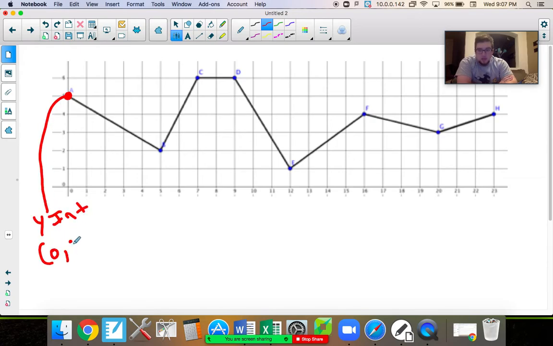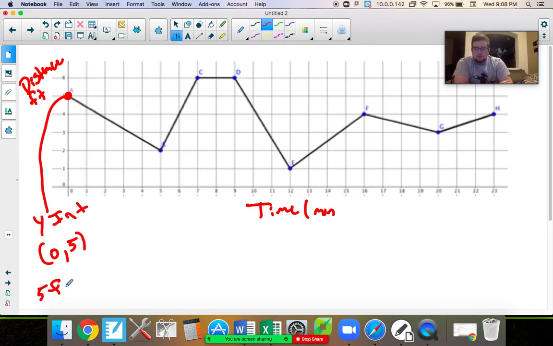It's at 0, 5. So in this problem, which is time in minutes, and over here is distance, we have 5, so let's say distance in feet. We have 5 feet already in distance at time 0, at 0 minutes.